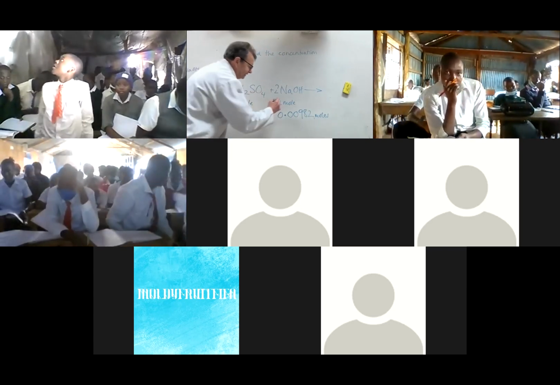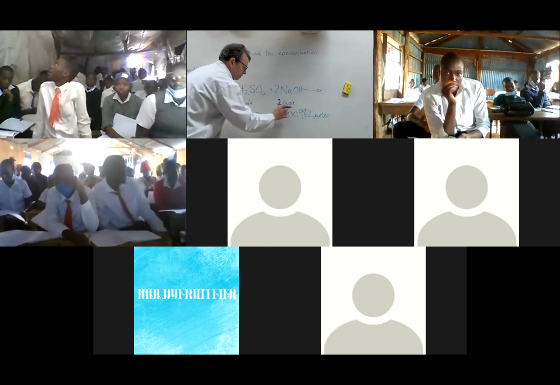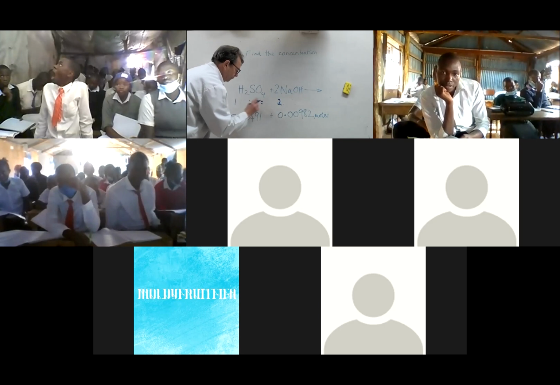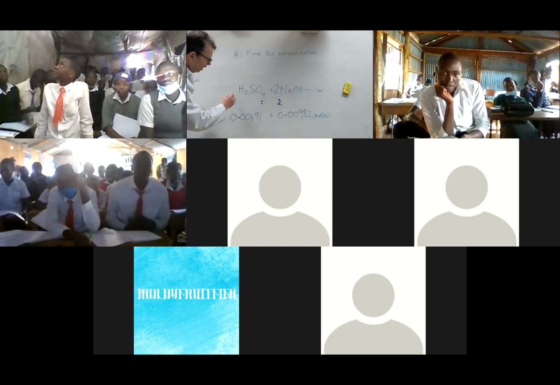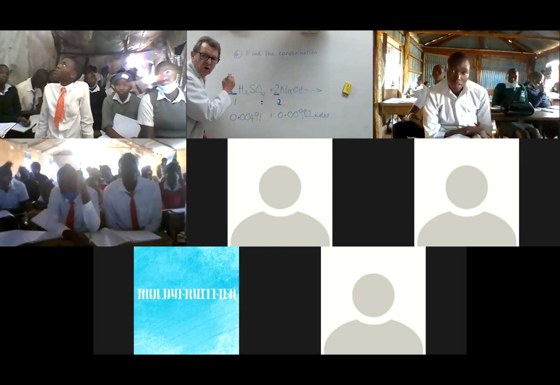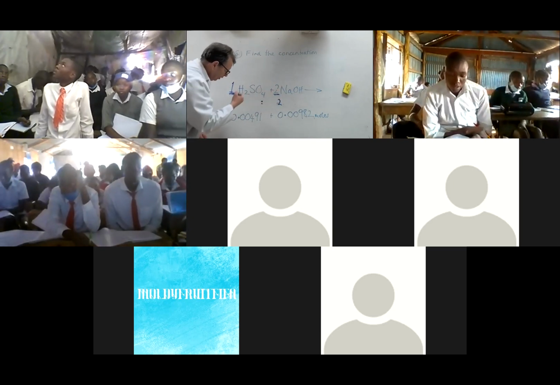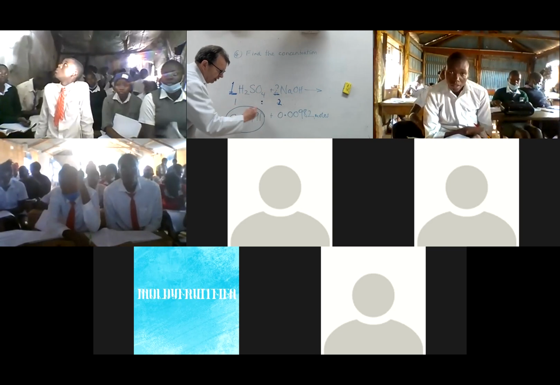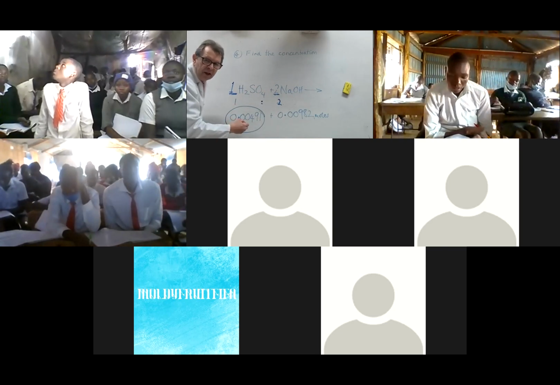The idea is this. The ratio is the number in front of these two chemicals. There is no number here, so that is 1. 1 to 2. 1 reacts with 2. You have just found this number here. So this number is 1. What is 2?